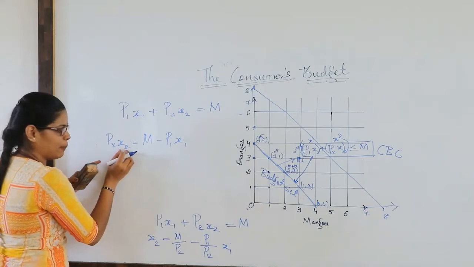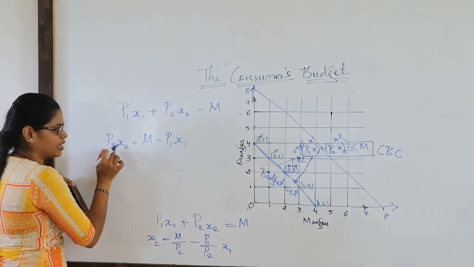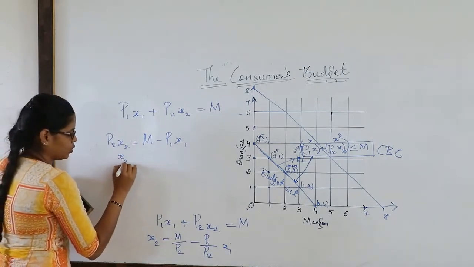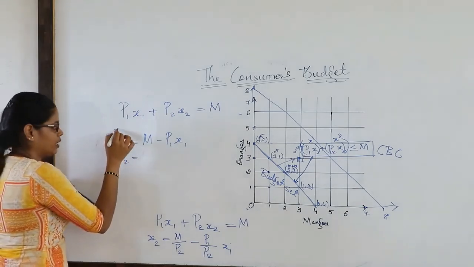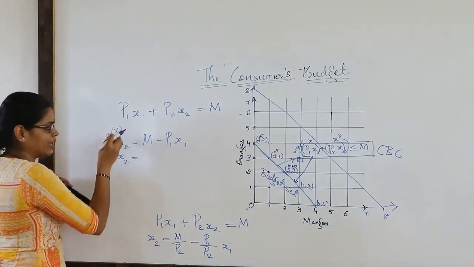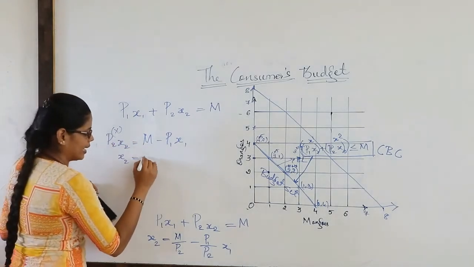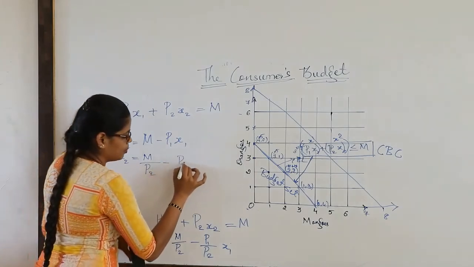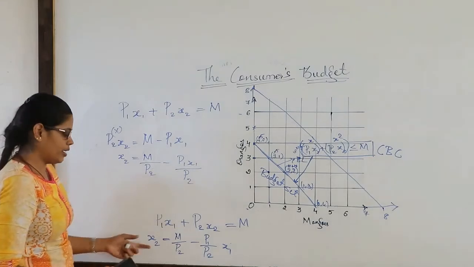Now we are just keeping x2 here, and P2 is being sent to the RHS. What is the relation between P2 and x2? Here we have a multiplication relation. So when we send it to this side, it becomes M divided by P2 minus P1 x1 divided by P2, which we already got.